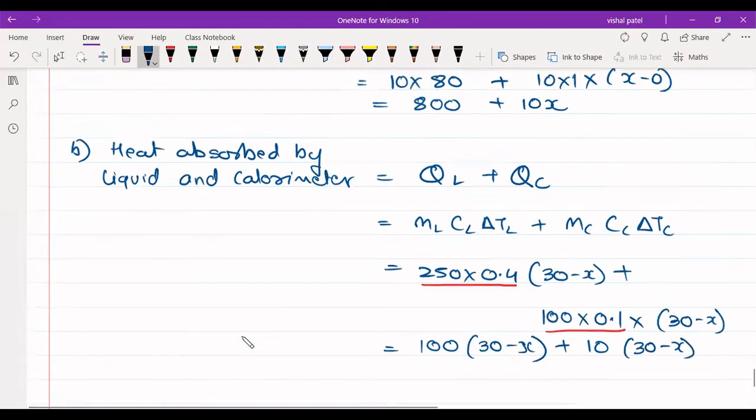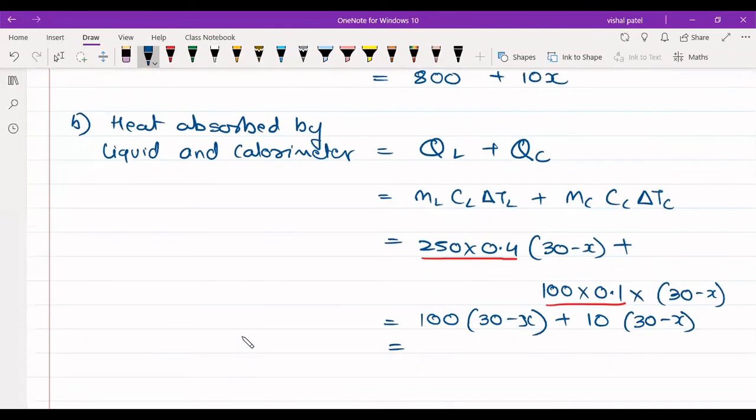Now again the same thing, students. In both cases it is 30 minus x. So I'm adding 100 and 10, which gives 110 into (30 minus x). Is that clear?